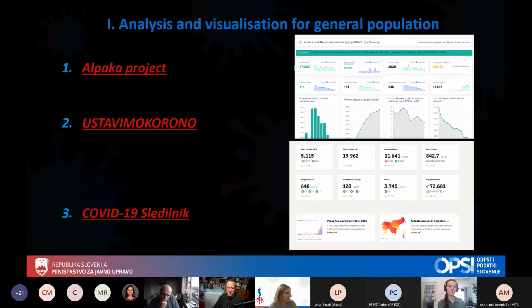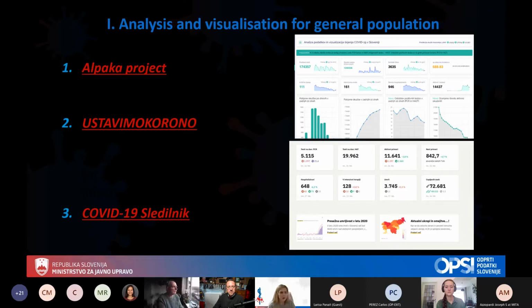and so in general, the apps in Slovenia could be divided into different groups. One is for general population, and the second is for more advanced users. Most of them were created as crowdsourced projects or by data enthusiasts. For data analysis and visualization, we have the Alpaca project, Ustavimo Corona or Stop Corona, and COVID-19 Sledilnik.